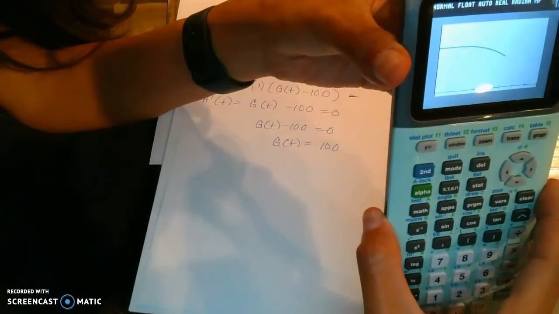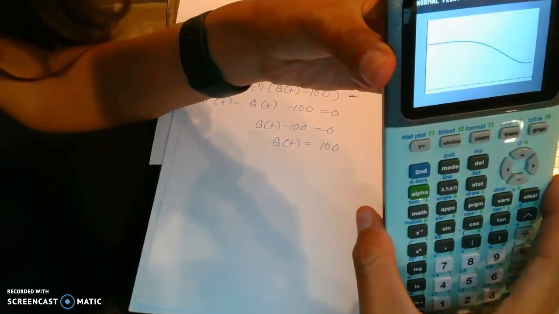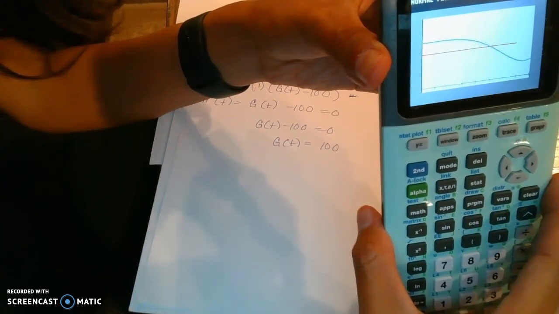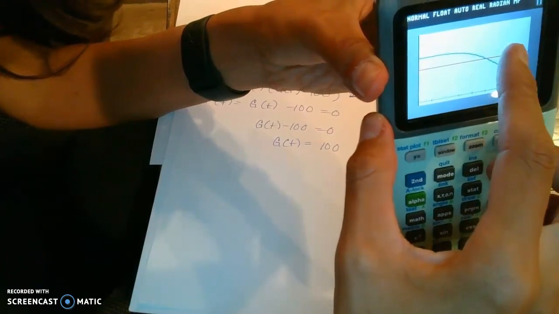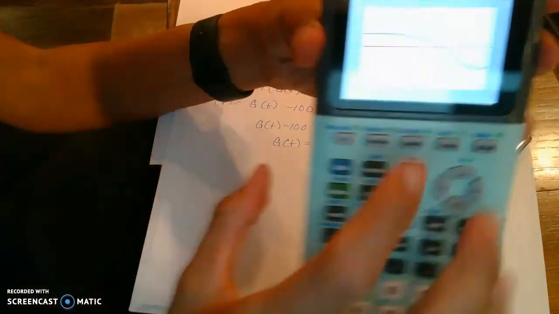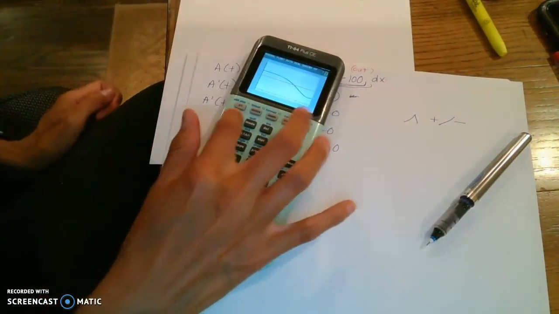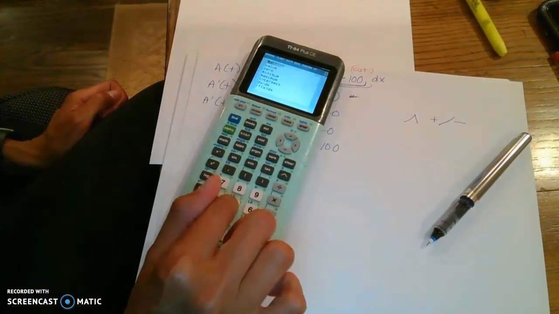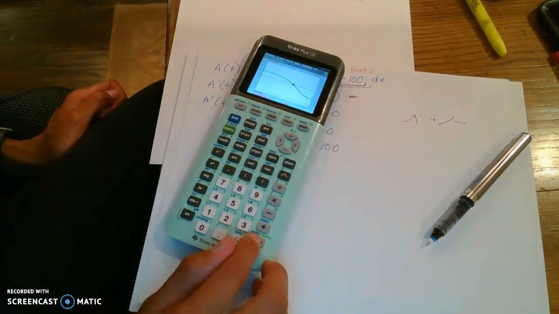Trying for you guys to see that. So that's G of T, and then that horizontal line is 100. I want to see where that point is, and it's going from up to down, so that's going to be a max, right? From plus to minus, that's a max. So I go second, intersect, 5, and I move that cursor over to get close.